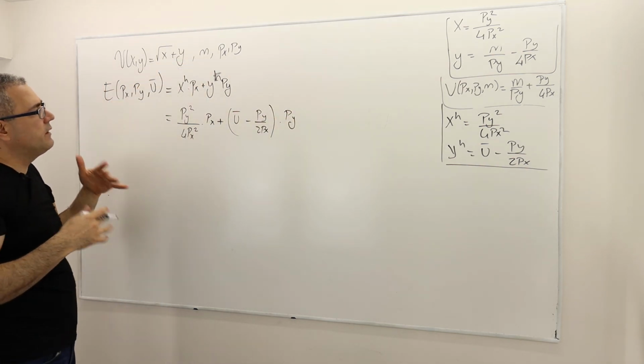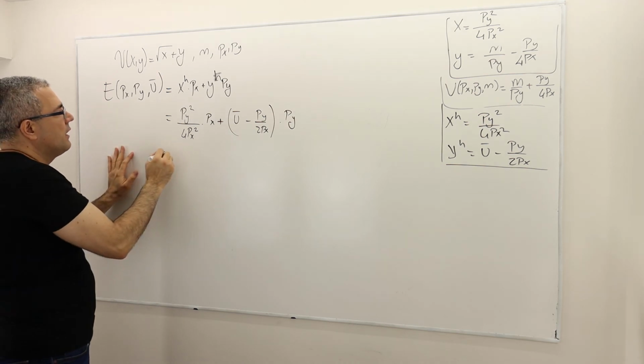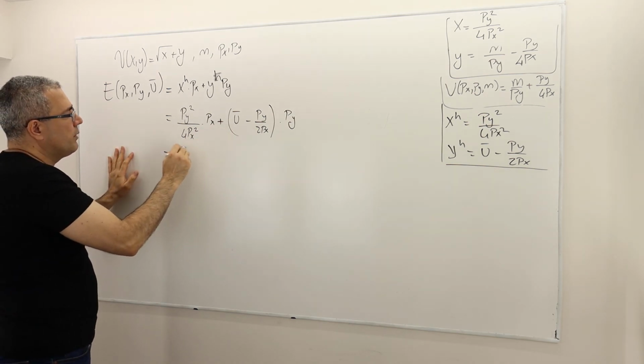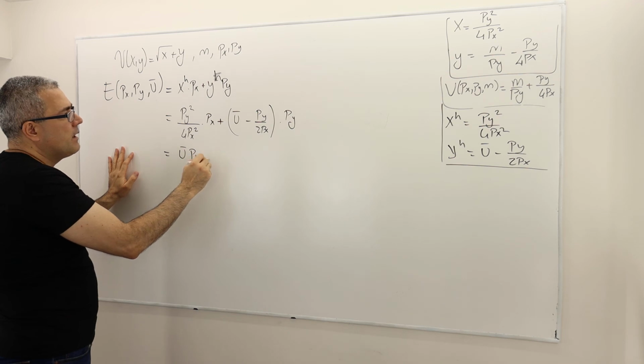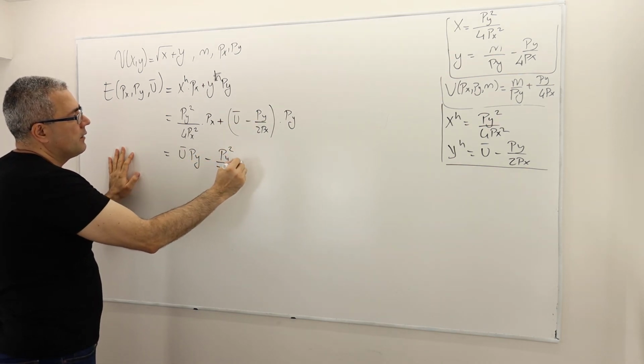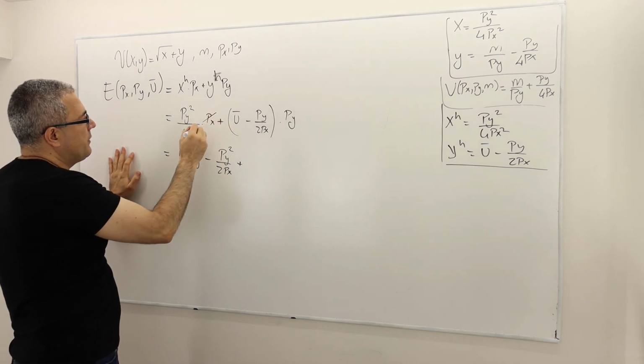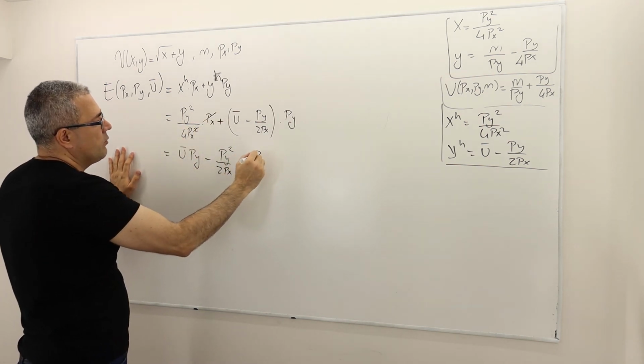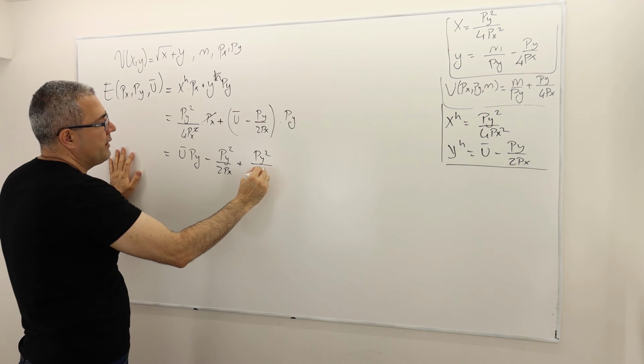So all I have to do is simplify things. This is going to be u bar times py minus py squared divided by 2px plus, the px and px squared will cancel out, py squared divided by 4px.